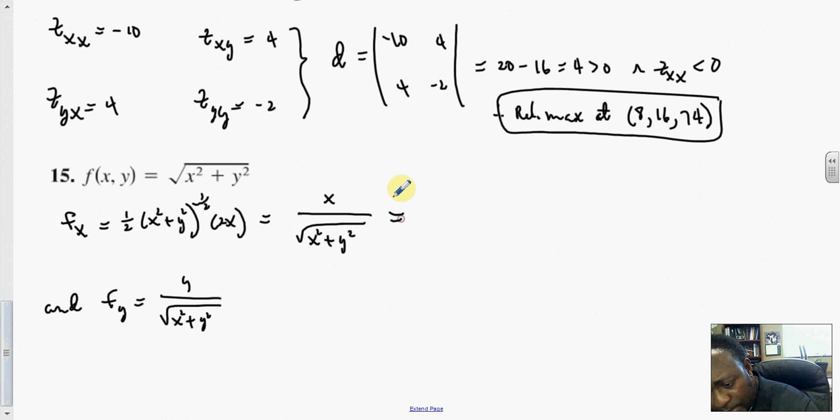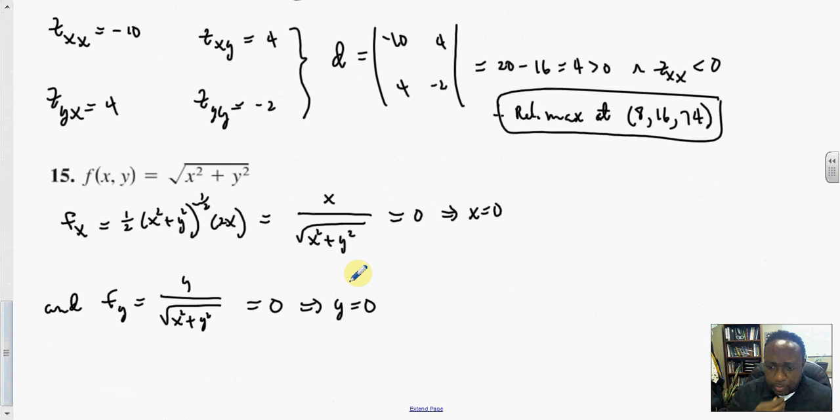Now, if we set this partial derivative equal to 0, and if we set this partial derivative equal to 0, this implies that x is equal to 0, and this implies that y is equal to 0.